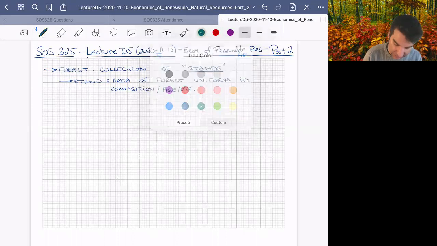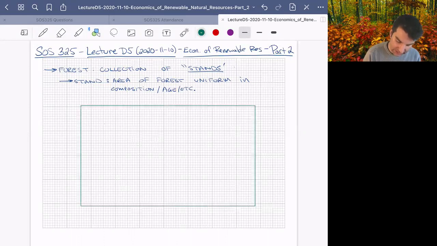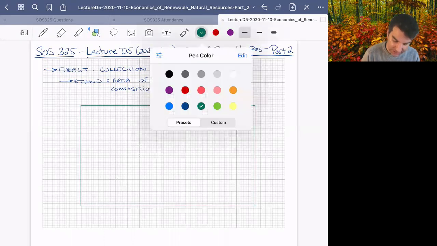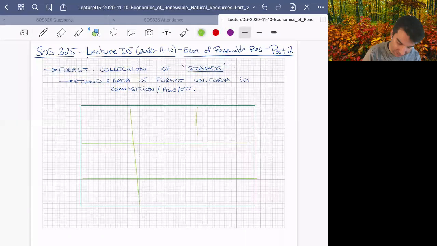So if you happen to own a large region of forest as such, then we can divide that large region of forest up into stands. I probably could have thought this through better to make these more equal, but we can view this as stands.